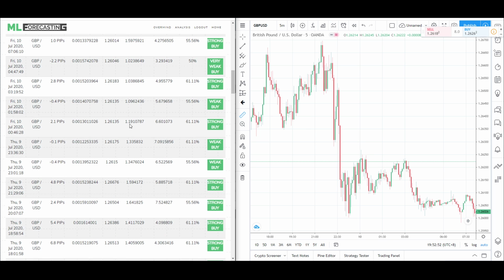Strong. Okay, so that was the last one I did. Next one, 47. 46, and we were 26135, same level as the one above, so I know that's going to be a loss. Strong.